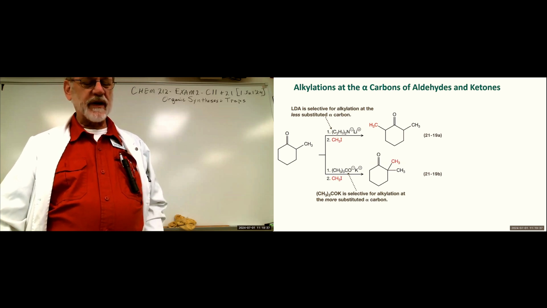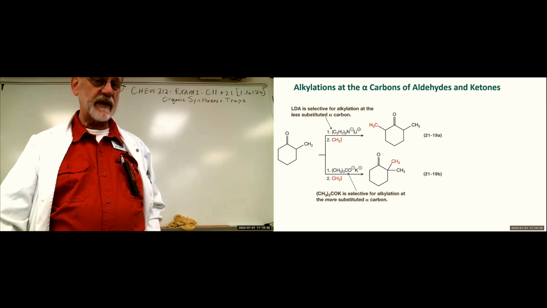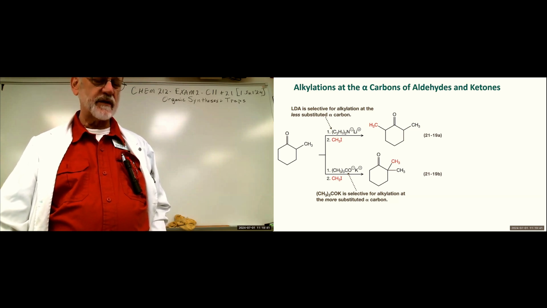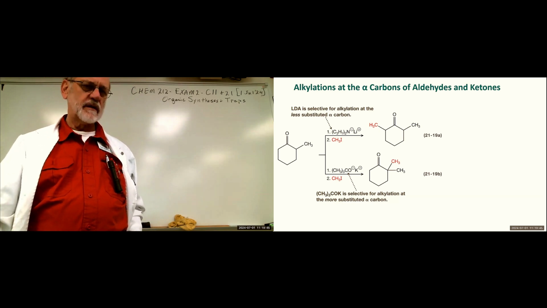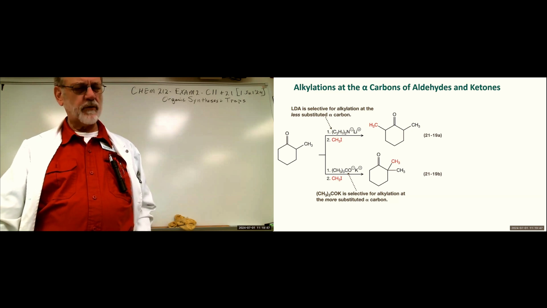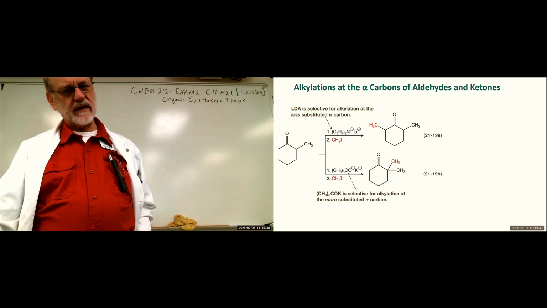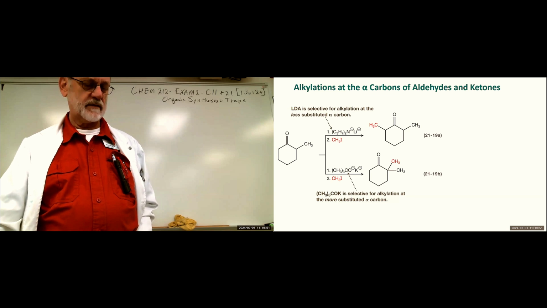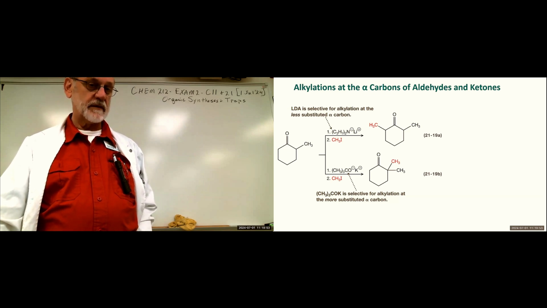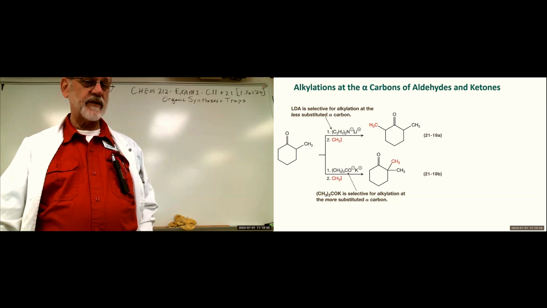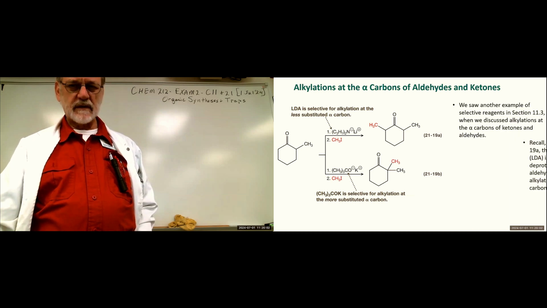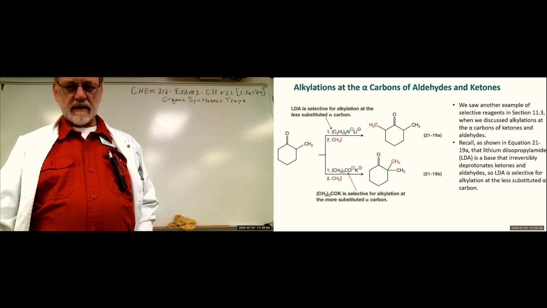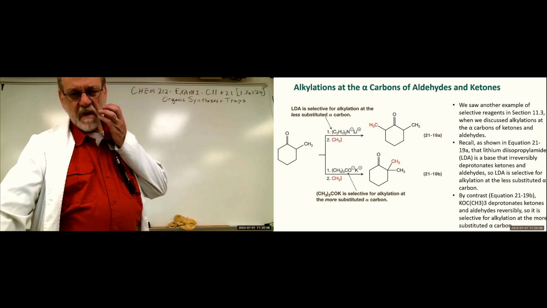And then we already talked about this one, regioselectivity, depending on the different reagents. LDA will substitute at the least substituted carbon and form the carbon bond, and the tertiary butoxide will add the methyl group at the more substituted carbon. So this is not new.